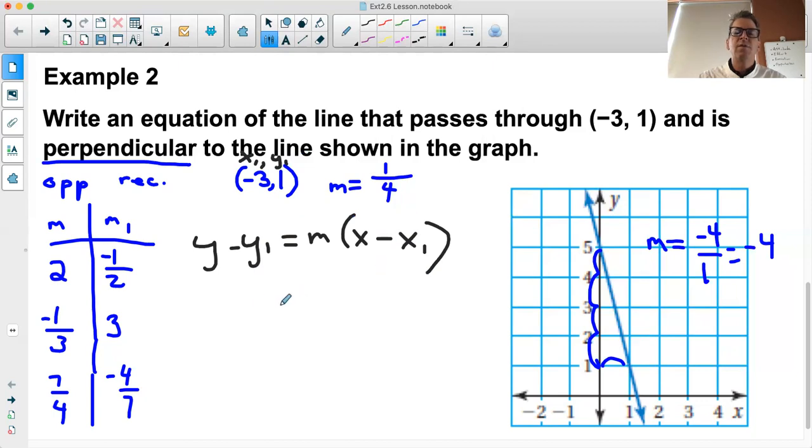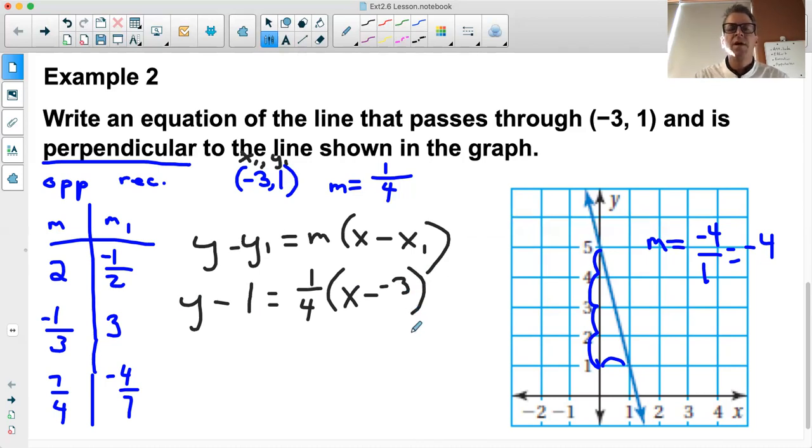So as you finish off your problem here, you would take your y minus the y from the point, which is 1, is equal to 1/4, the slope, times x minus the x1 from the point, -3. Okay, then let's tidy it up with some simplifying. y minus 1 is equal to 1/4 times x plus 3.